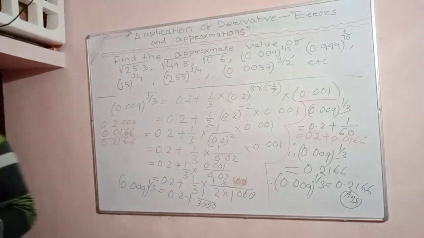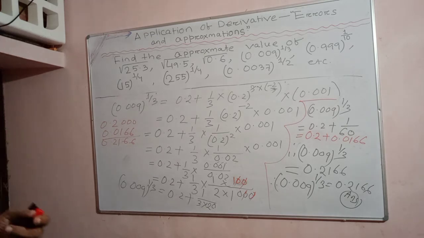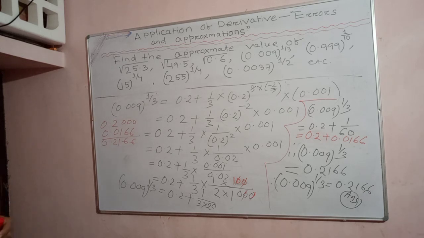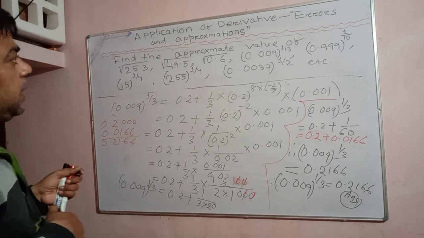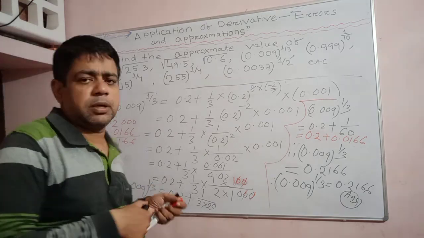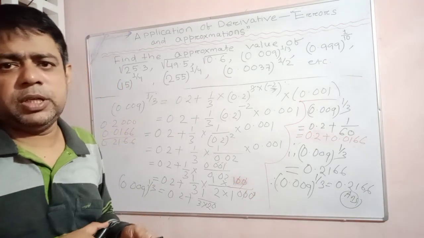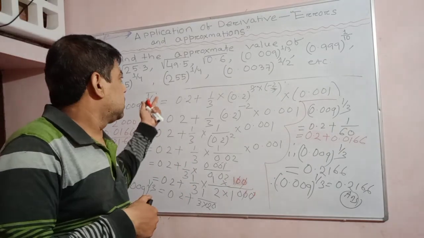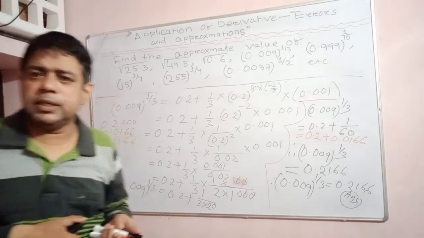Okay, so I hope this is one of the interesting facts. This is very much important to simplify the numerical expression of such kind of numbers to find the approximate value using the application of derivative. Understand or not? So really you will find interest in solving the problems in front of you given here.